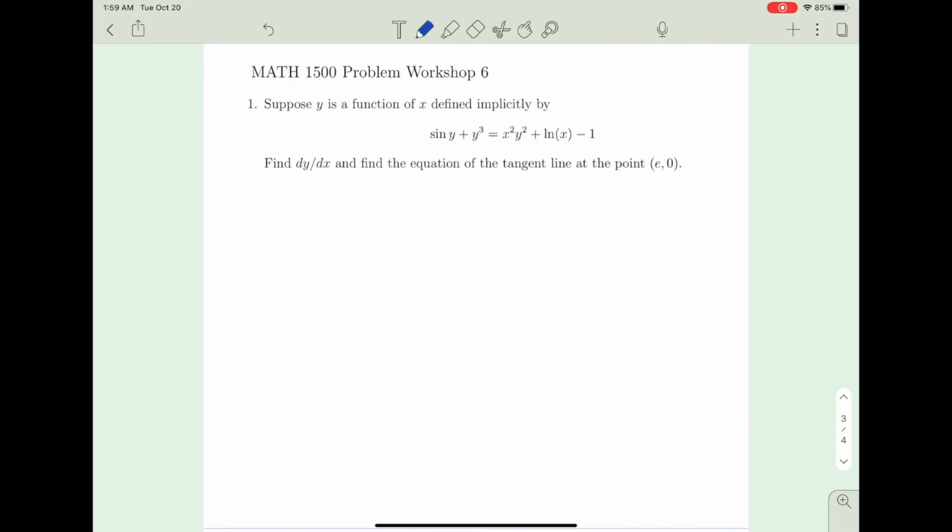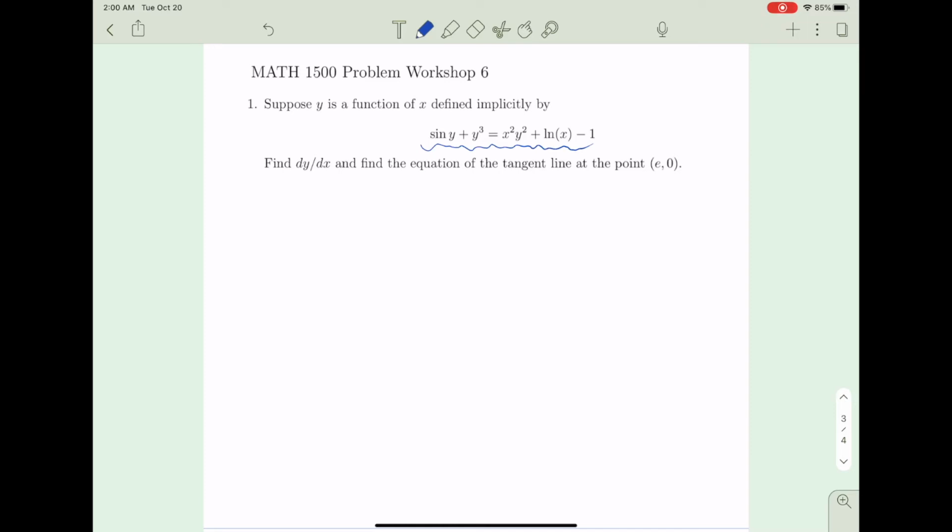And now let's also take a look at this question from workshop 6. That's about implicit differentiation, which will show up in your next term text. So now we have a function given by this equality here. So the function was given implicitly. You don't know the explicit expression of the function y equal to something in terms of x.